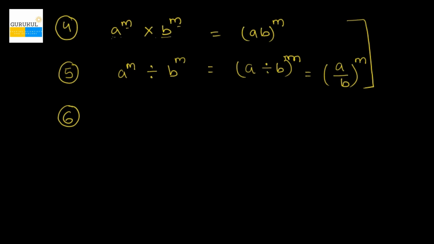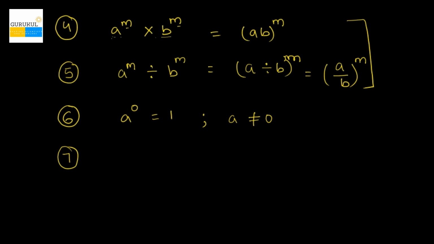Now the sixth one, a to the power 0 is equal to 1. The given condition is that a should not be equal to 0. All the laws I have written require a to be a real number, but for the sixth law, this is true if a is not equal to 0.